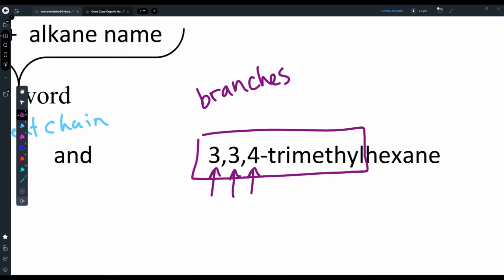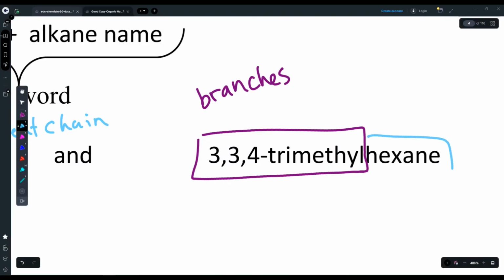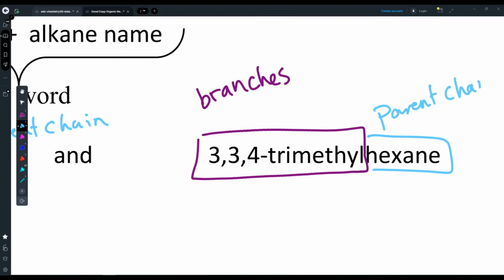So 2 of them are on carbon 3 in the parent chain, and 1 of them's on carbon 4 of the parent chain. Okay, that's what that's telling you. Hexane, that's the parent chain. How do we know it's a parent chain? Well, it comes last, and also that A-N-E ending tells us that it's an alkane.